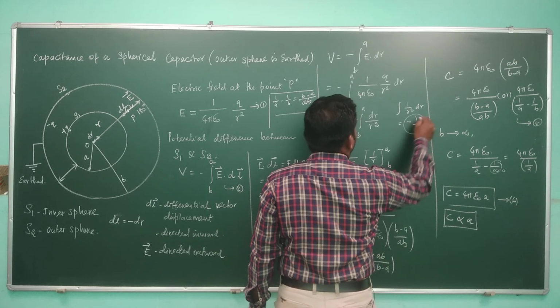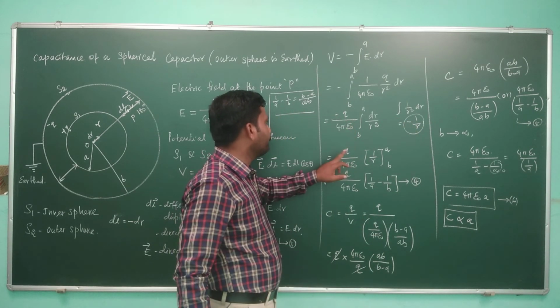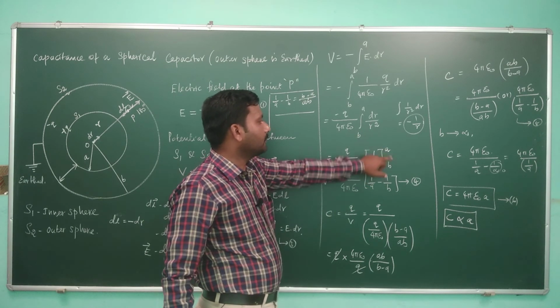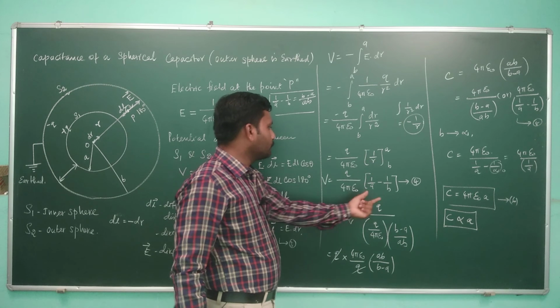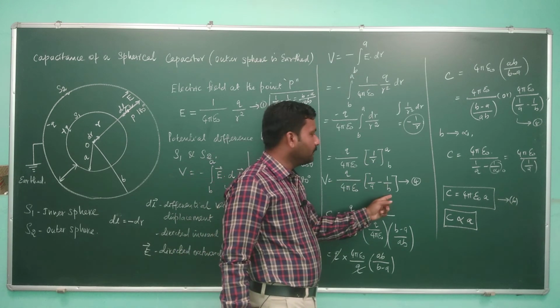Here this minus and this minus cancel each other, so it becomes q by 4 pi epsilon naught, 1 by r from b to a. Substituting the limits, q by 4 pi epsilon naught, 1 by a minus 1 by b.